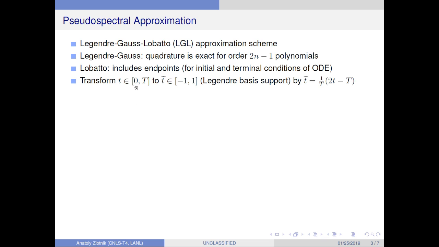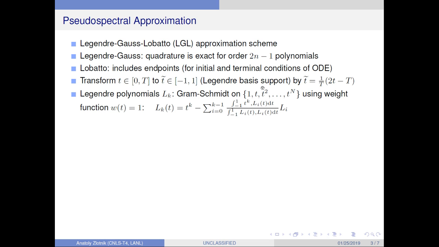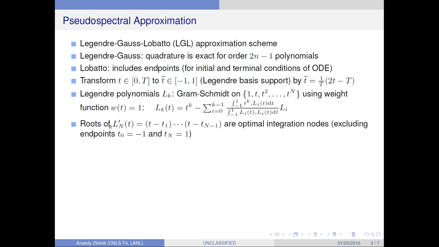So we can transform the time horizon for the optimal control problem to an interval -1 to 1, which is the Legendre polynomial basis support, and perform Gram-Schmidt on the positive powers of t using the weighting function 1 to obtain the Legendre polynomials.